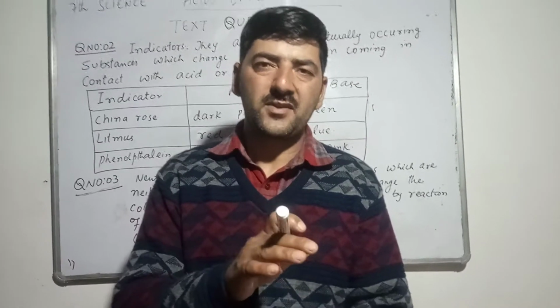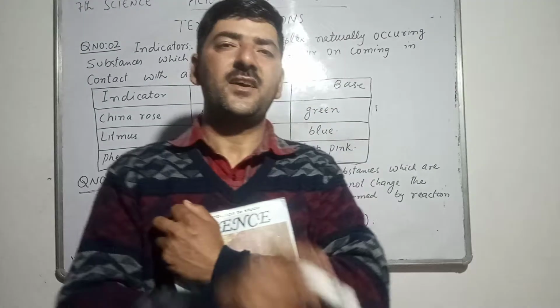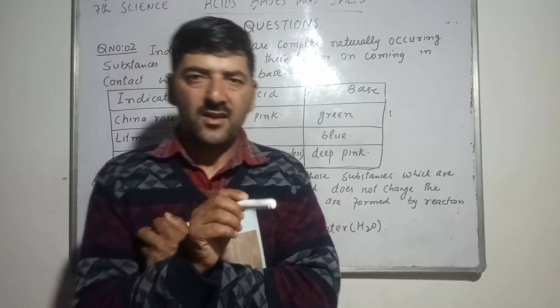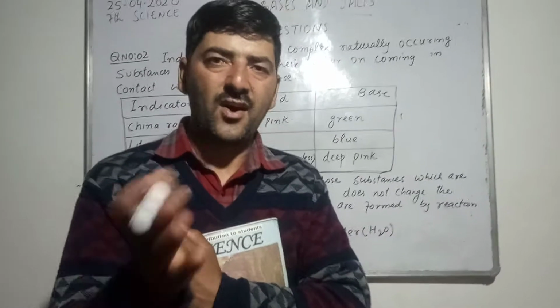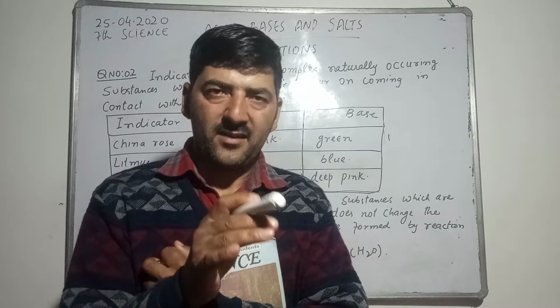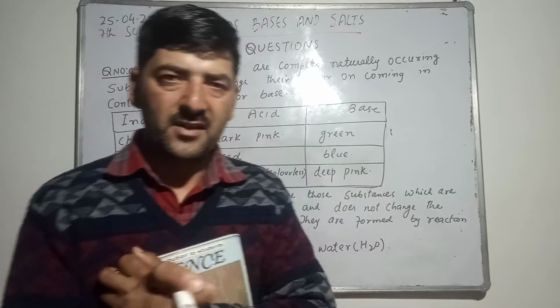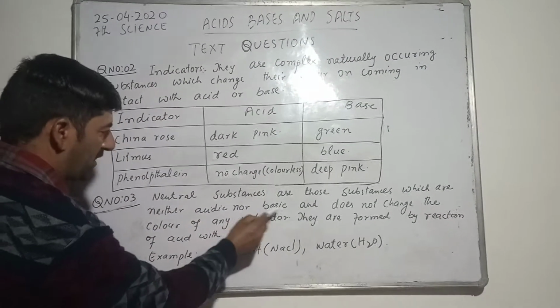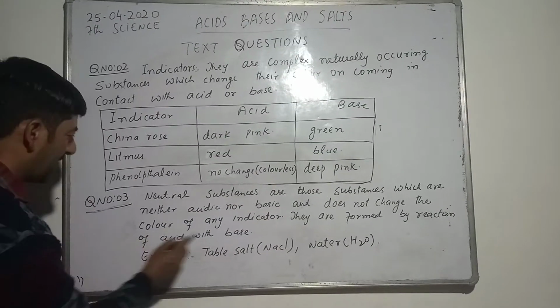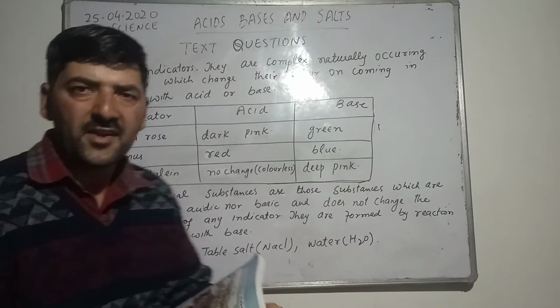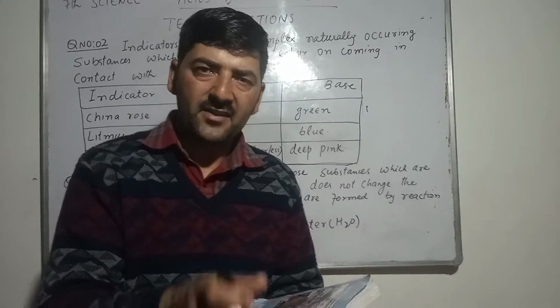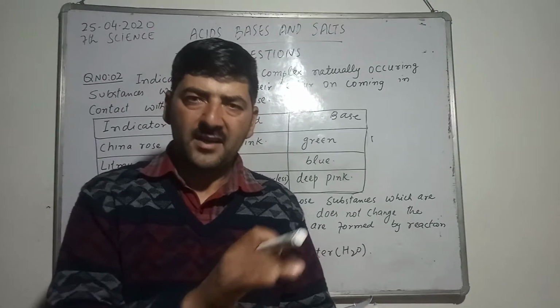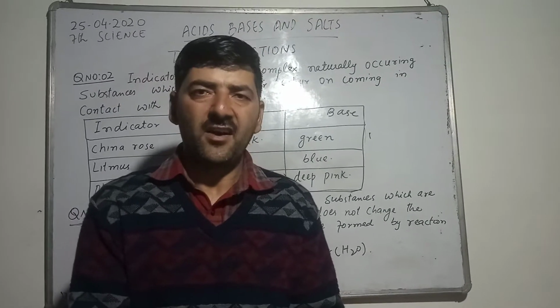What are neutral substances? Neutral substances are those substances which are neither acidic nor basic. When any indicator comes in contact with a neutral substance, the color of the indicator does not change at all.